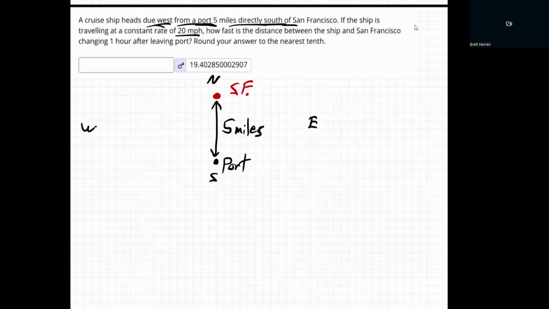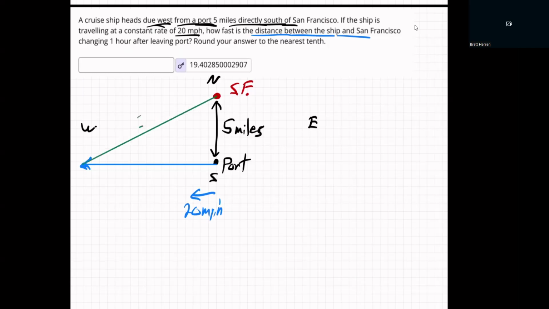Okay. So the ship, where's the ship going? The ship is going this way. And how fast is it doing that? It's headed that way at 20 miles per hour. And it says, how fast is the distance between the ship and San Francisco changing? So here's the ship and San Francisco.